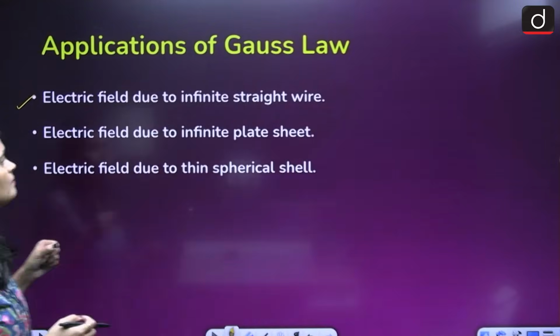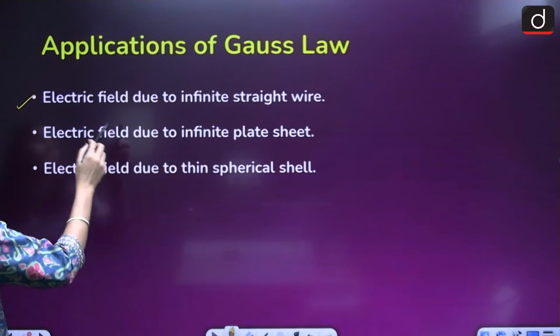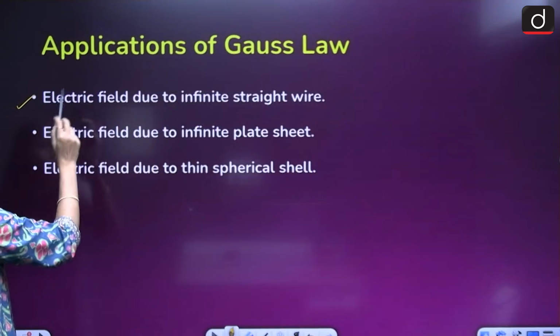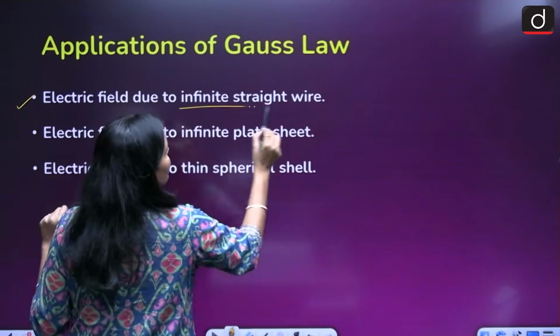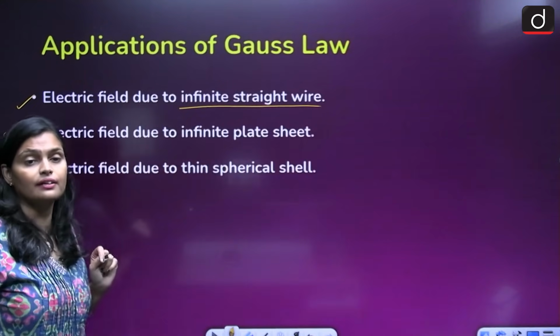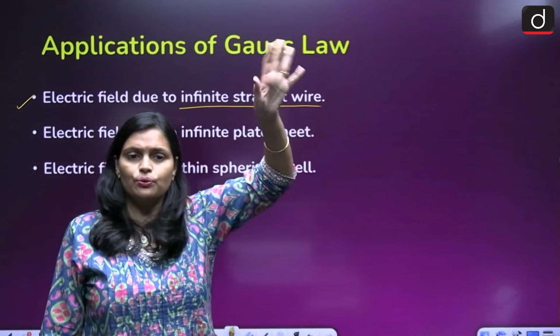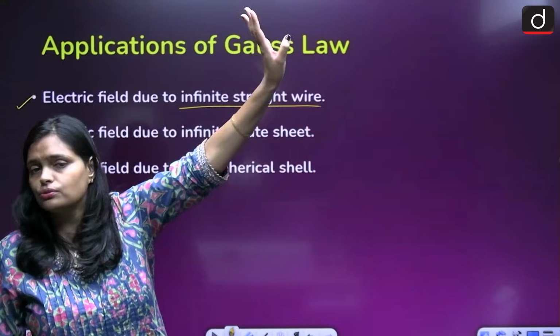ओके, so application of Gauss's law, basically electric field due to infinite straight wire. Right now suppose you have a straight wire, infinite, you don't know how long it is, 1 meter, 2 meter, 1000 meter, you don't know the length.